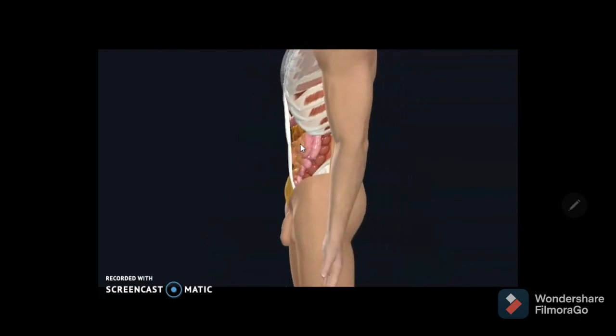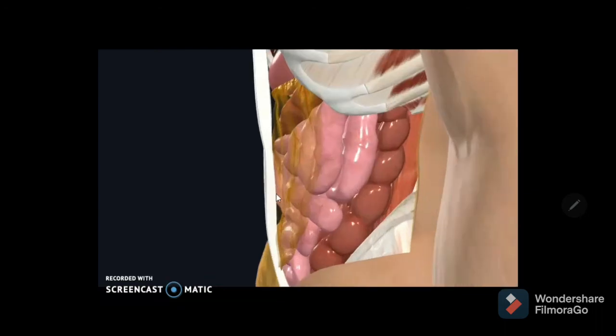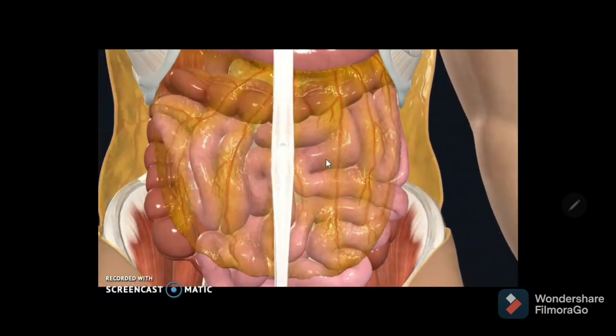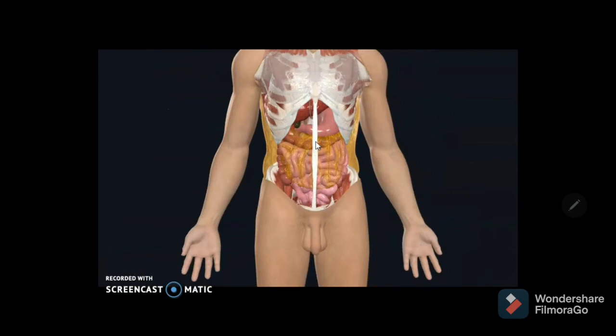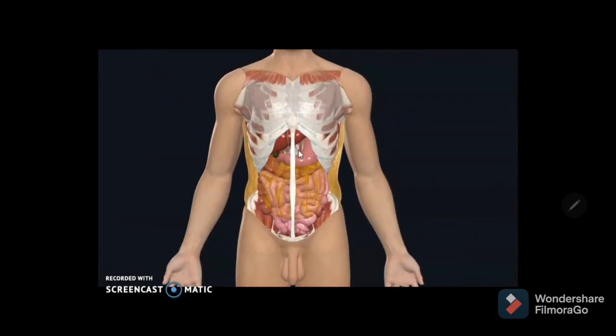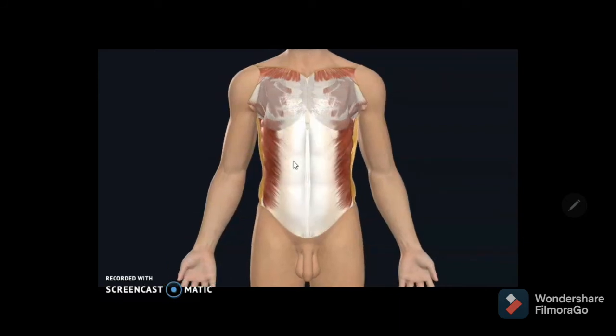They are involved in compression, retention of the viscera, and also protection of the abdominal viscera. You can see the glistening layer is the parietal peritoneum. There is the greater omentum, what you see along the lower part of the stomach, the greater curvature of the stomach. So these are the different layers.